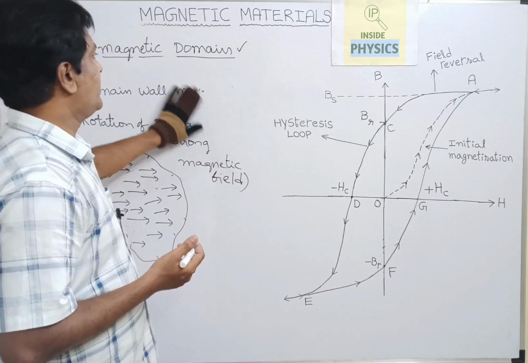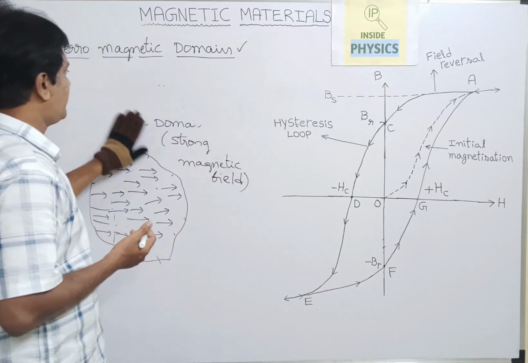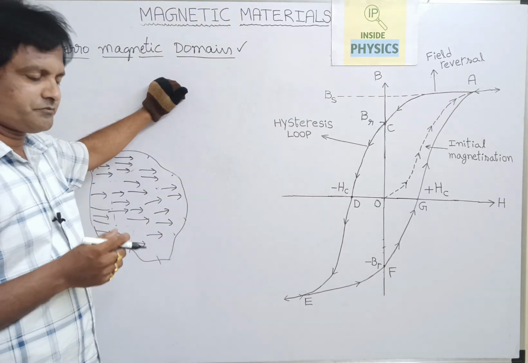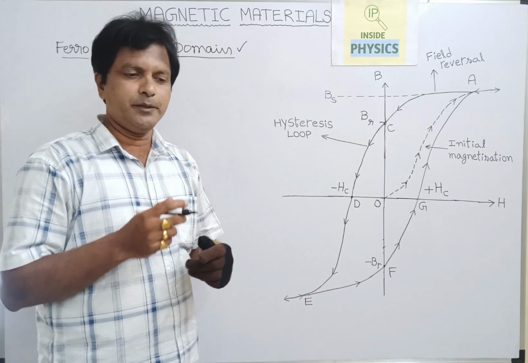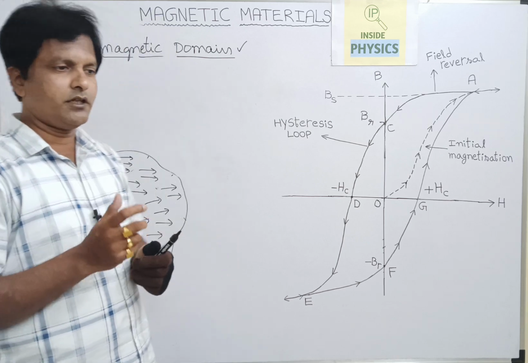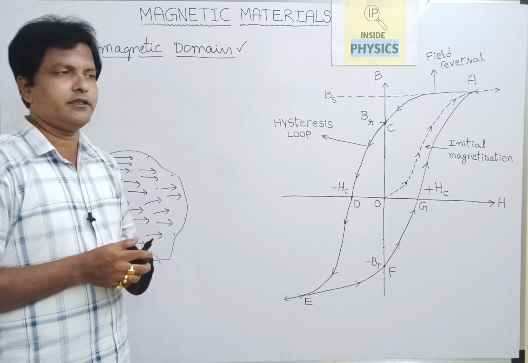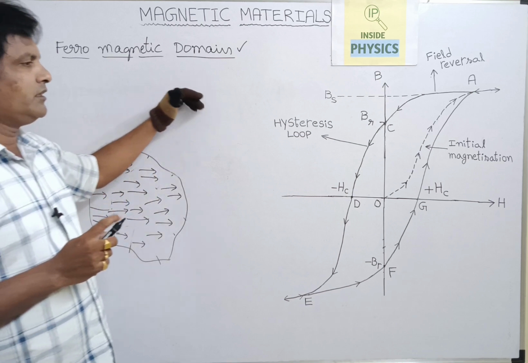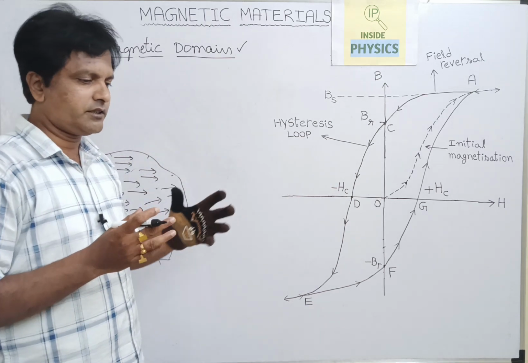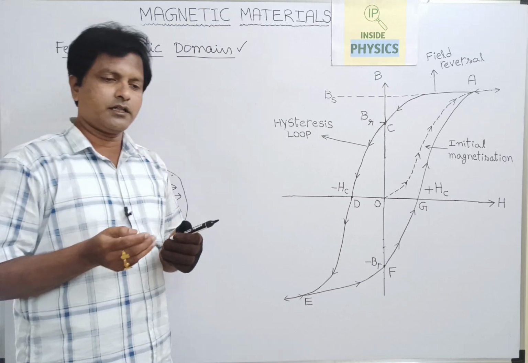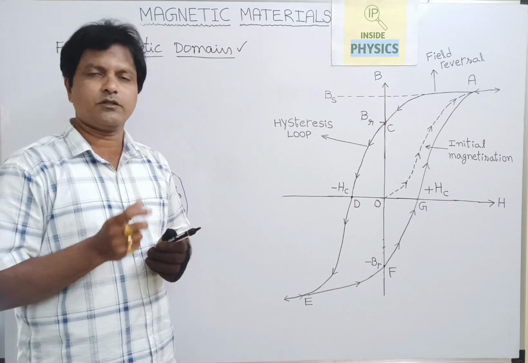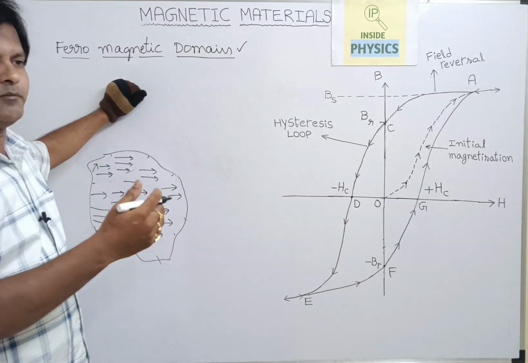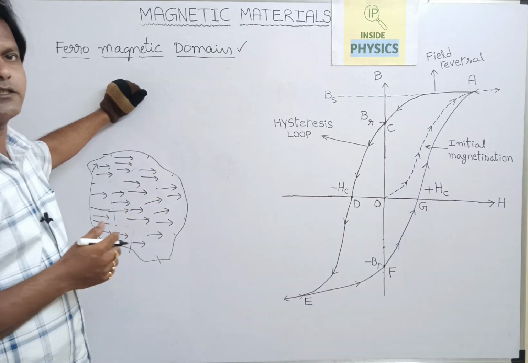The second one: if there are any impurities present inside the ferromagnetic material, the impurity atoms or dipoles do not contribute any magnetic moment to the overall net magnetic moment of the material. Another thing is dislocations. Dislocations means if there are any cracks or dislocations inside the material, then the net magnetization may not be up to the mark we have expected.